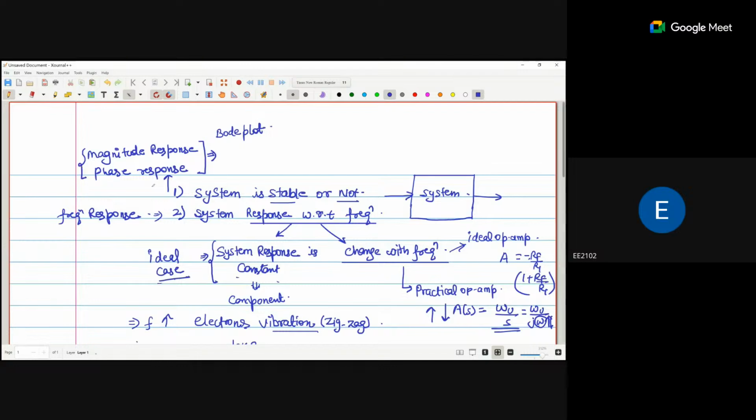The magnitude response and phase response will give us two different parameters, the gain margin and phase margin, and on the basis of these we identify whether my system is stable or unstable. So we calculate the magnitude, phase response, and the frequency response. That's why it is important.